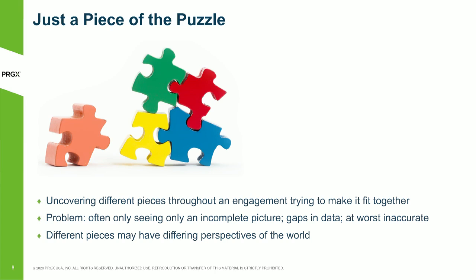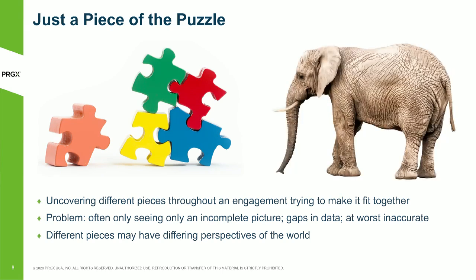You're looking at your own piece of the pie, and I've been in so many conversations and engagements where I'm talking to different people in different organizations, and their perspective of the data, which should all match together, is completely different. Which brings up just a quick Indian parable. Some of you may have heard of this. It's when an elephant was brought to a village that had a group of men that could not see.